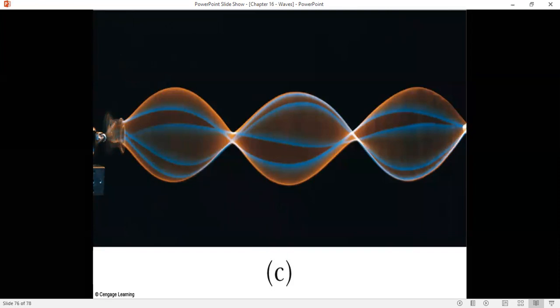Here's n equals 3, so you see a node here, node here. So again, there's your n equals 3. And if we look at the wavelength, one wavelength is from here to here.